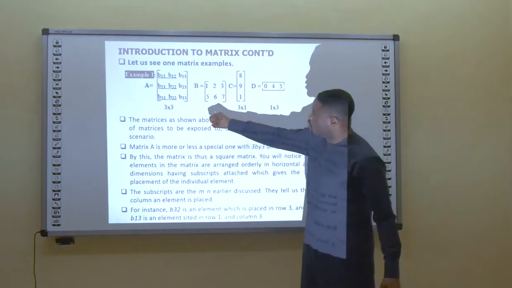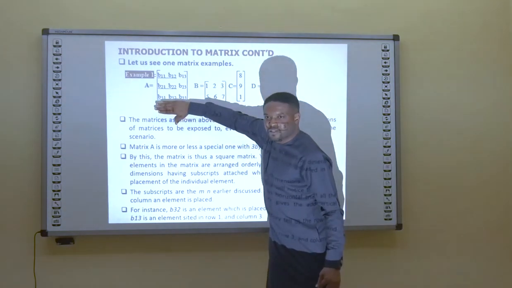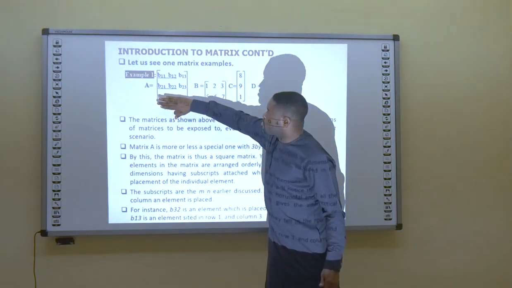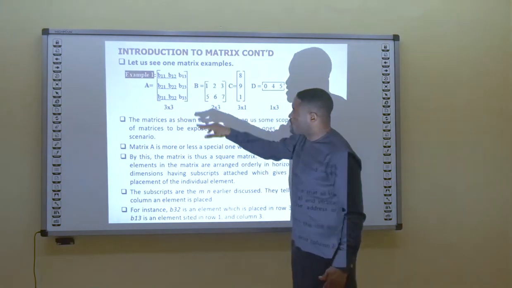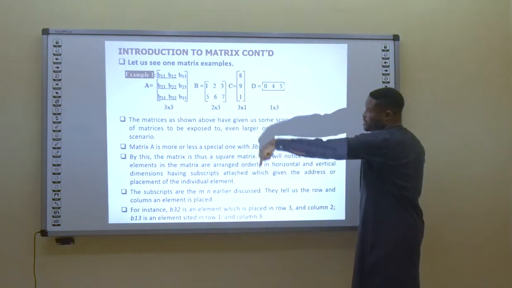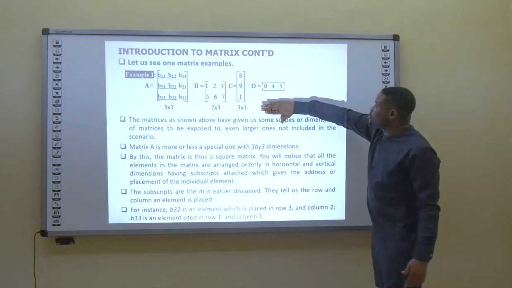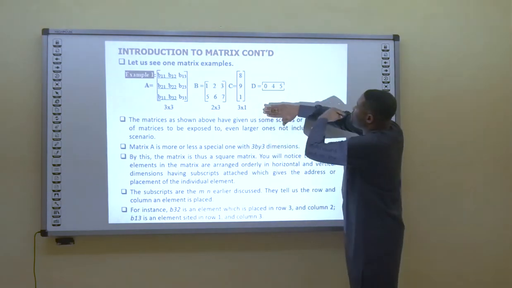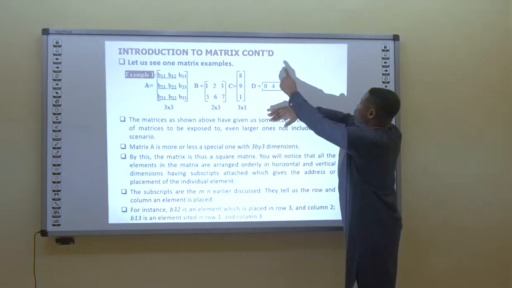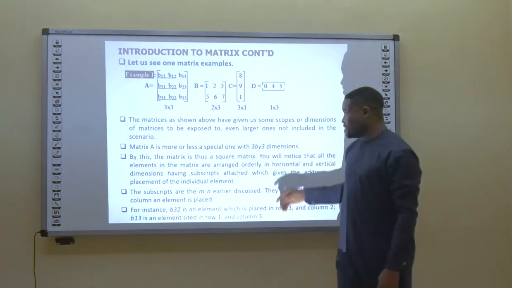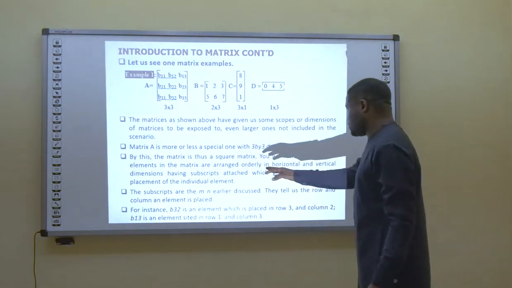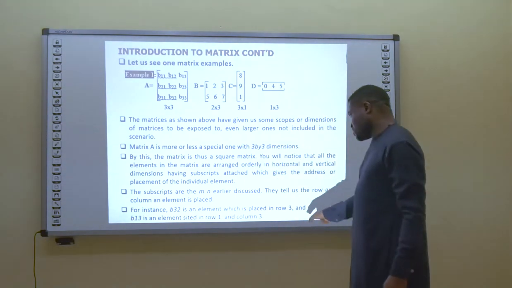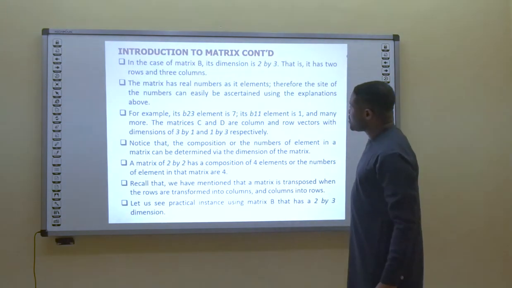So if you are asked to identify what this matrix is, you should be able to say it's a 3 by 3 matrix by looking at it from rows and also looking at it from columns. If you look at this one, you see that the row comes first, which is 1 row, and then you have what? 3 columns. So that's that.